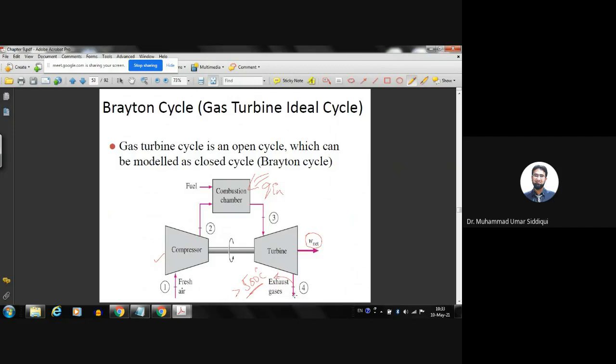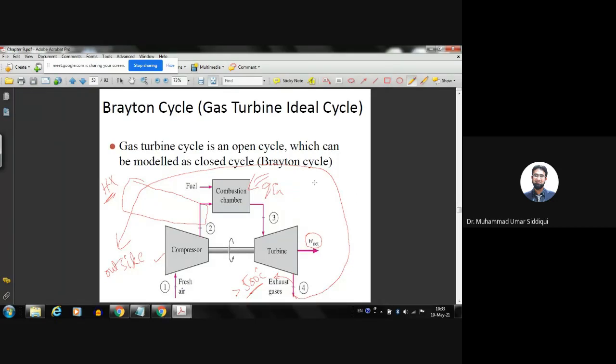So this is the idea. We have the exhaust gases. Before going out into the atmosphere, we make these exhaust gases pass through a heat exchanger. So we put a heat exchanger here, and the exhaust gases pass through it before they go outside. Now what does this heat exchanger do? It has two air streams.